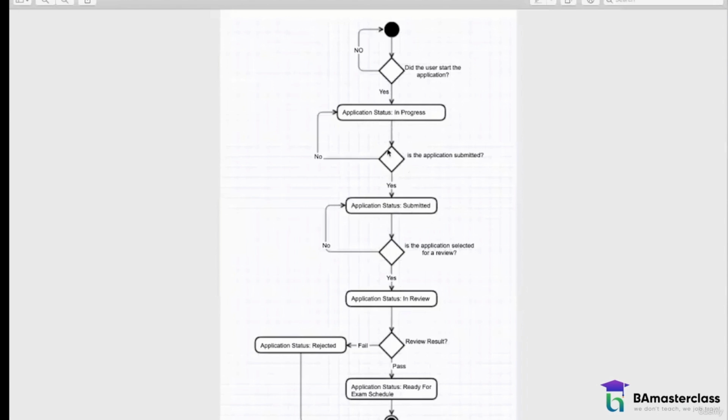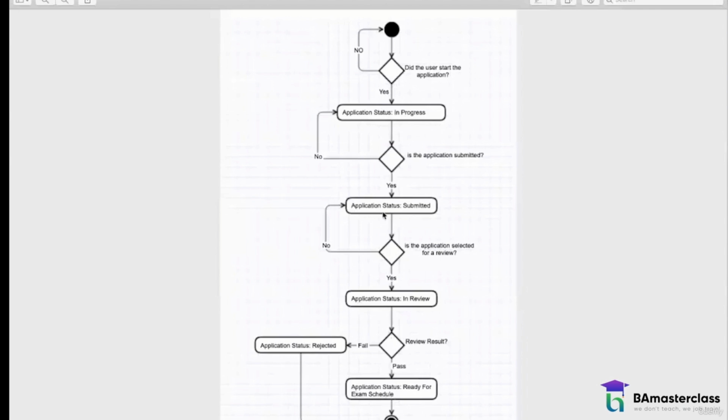The moment you start filling up an application, it becomes in progress. The moment you submit, it becomes submitted. The moment you're selected for a review, it becomes under review. And then from review, it becomes ready for exam schedule or rejected. So it is showing me all the different states of a particular process.